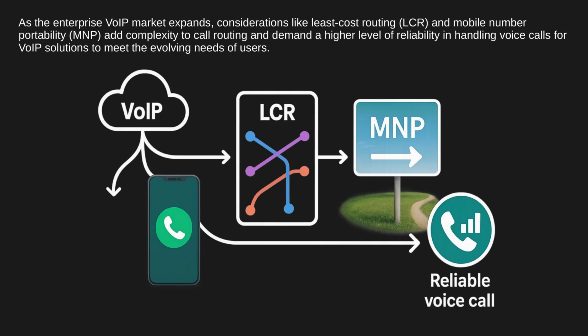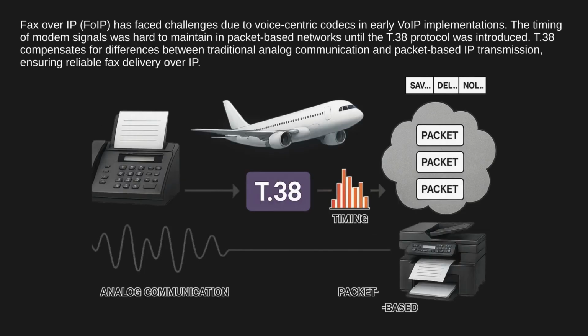Fax over IP, FoIP, has faced challenges due to voice-centric codecs in early VoIP implementations. The timing of modem signals was hard to maintain in packet-based networks until the T.38 protocol was introduced. T.38 compensates for differences between traditional analog communication and packet-based IP transmission, ensuring reliable fax delivery over IP.